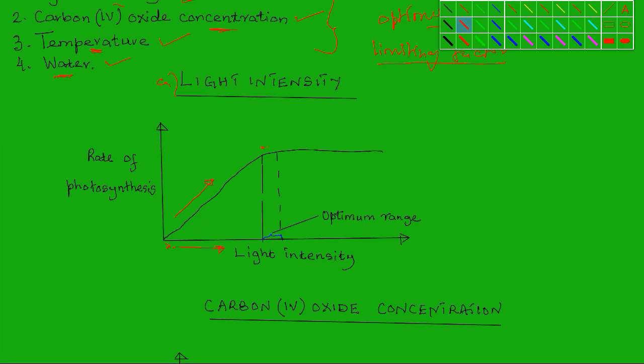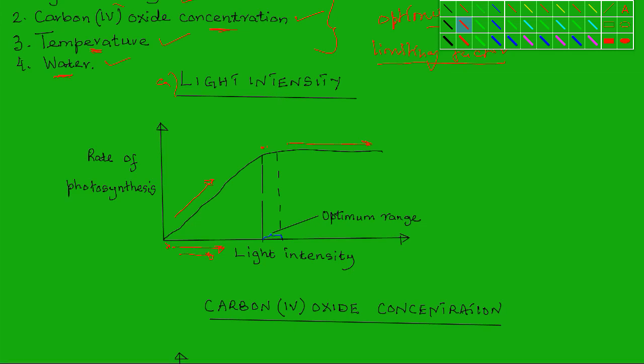Because the other factors such as carbon dioxide and temperature, which are required for photosynthesis to proceed, are not increasing, and thus they become limiting. So beyond this optimum range of light intensity, the other factors, carbon dioxide and temperature, become limiting because they are not increasing in step with the light intensity.